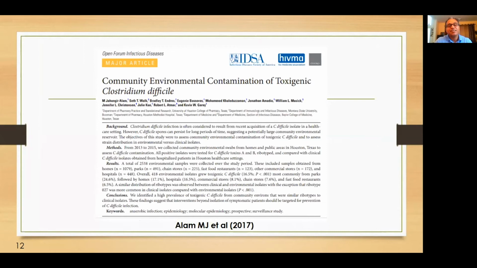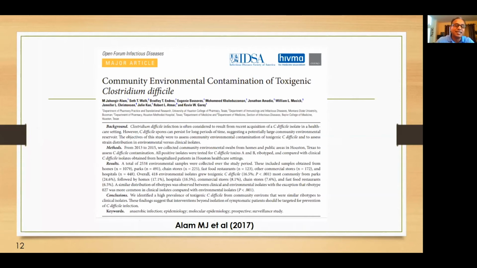After seeing these exciting data, we started another project on community environmental contamination of toxigenic C difficile in the Houston area. This is our second study, published in 2017.